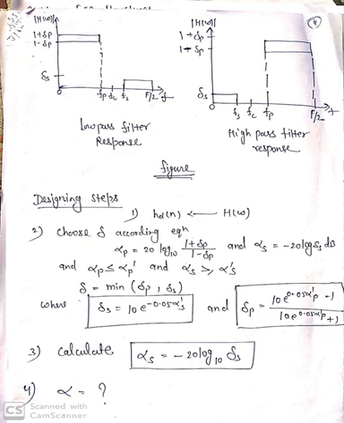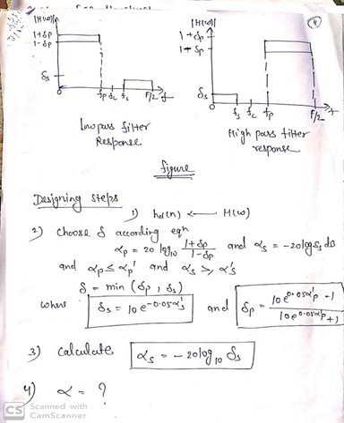So del s equals 10 to the power minus 0.05 alpha s dash, and del p equals (10 to the power 0.05 alpha p dash minus 1) divided by (10 to the power 0.05 alpha p dash plus 1).